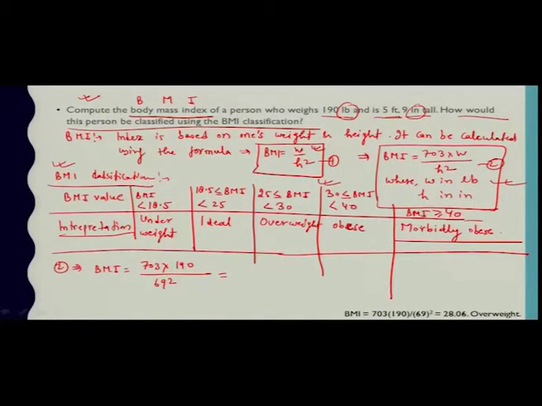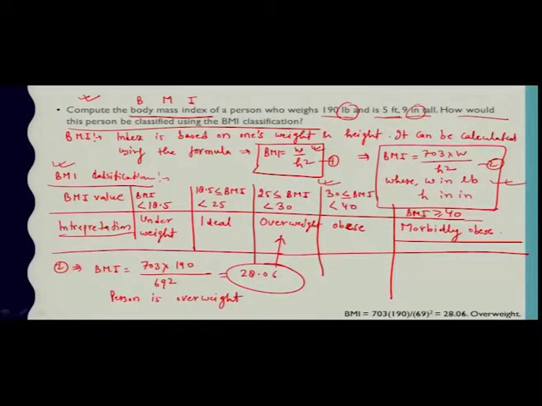If you calculate this, you will get 28.06. Now we have to see in which category it lies in the BMI classification. So this 28.06 is lying in this category, which means that the person is overweight.